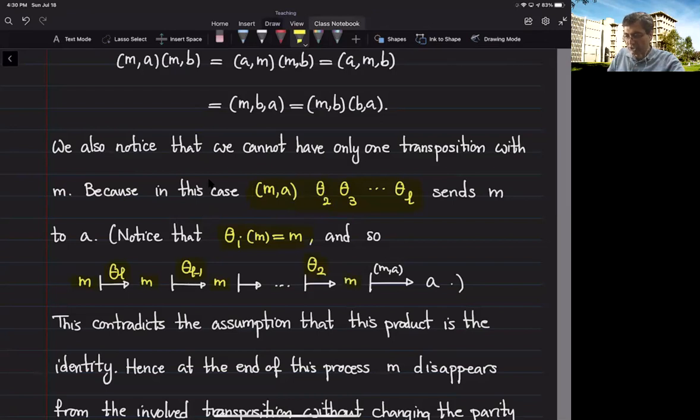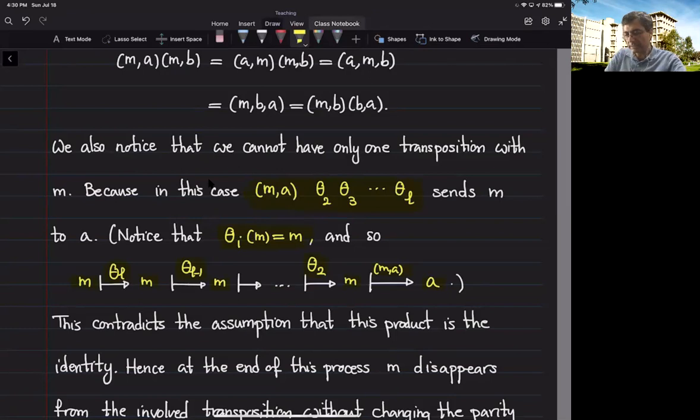Then the transposition is applied to M and I end up getting A. So the whole composite sends M to A, but that's not possible because the whole composite is supposed to be the identity map. This means that when I do this process, the terminal state cannot have a single M in it. There is no M.